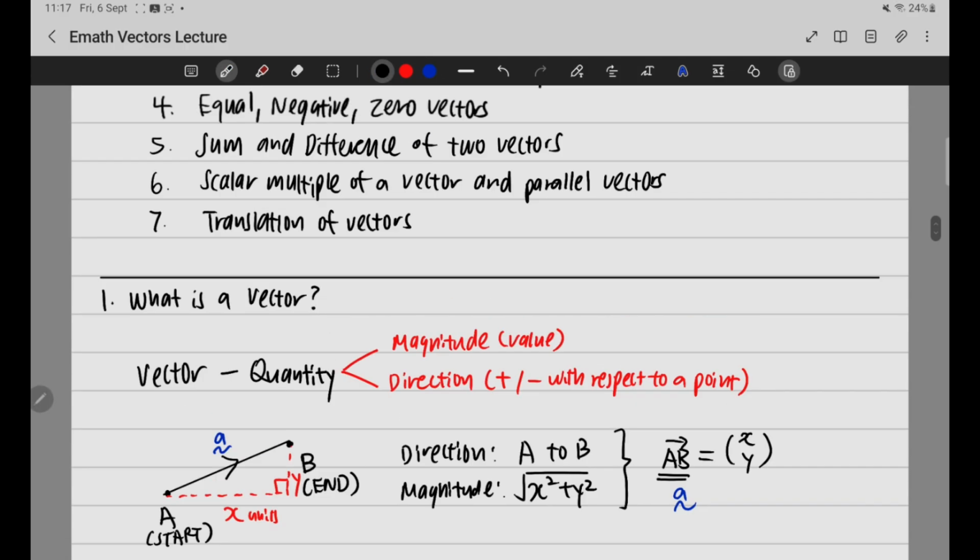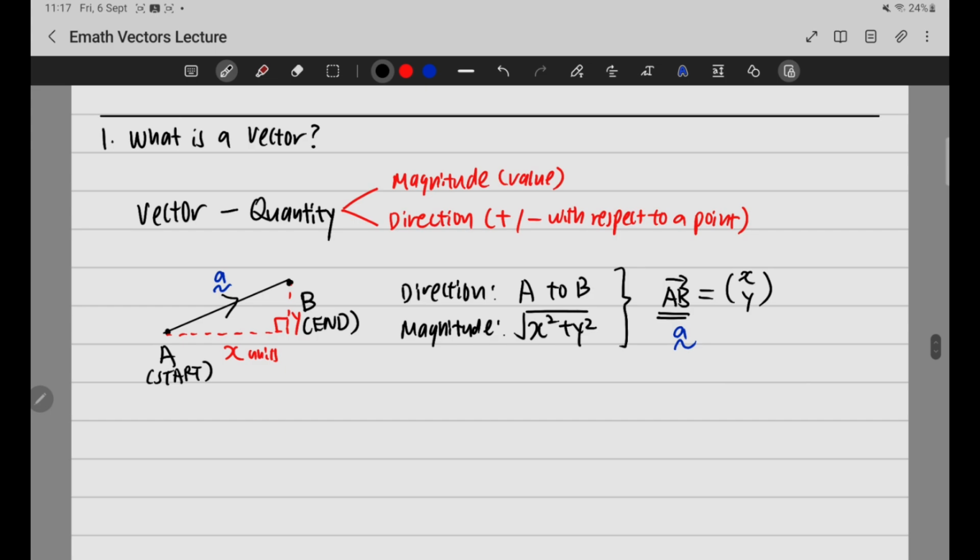So with that being said, how do you find the magnitude of a vector? The magnitude of a vector is essentially just the length of the line, the length of the vector. And we will always use this symbol.